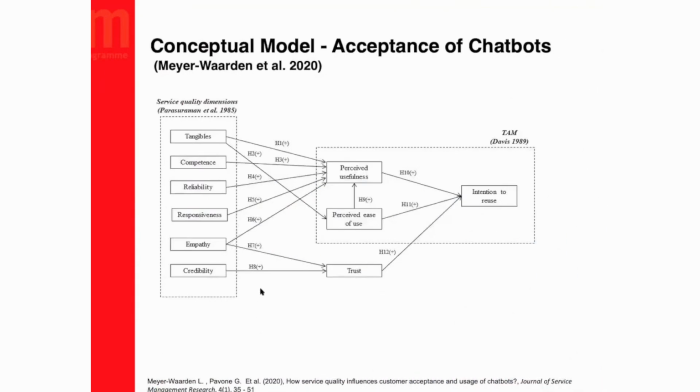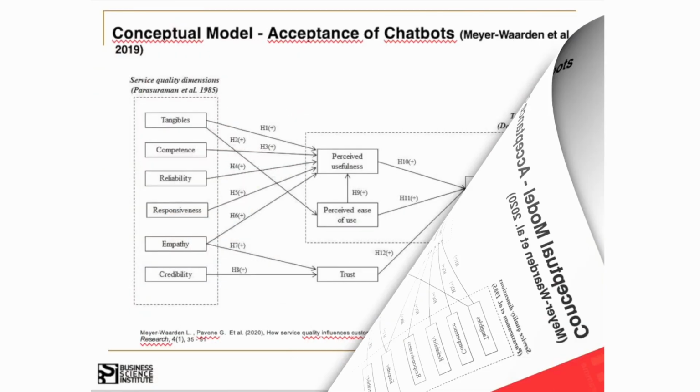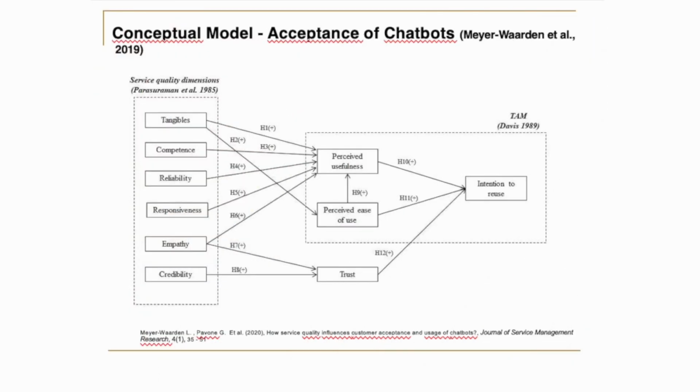And here is the study about the acceptance of chatbots. So we test different service quality factors and utility factors of the technology acceptance model on the intention to use.